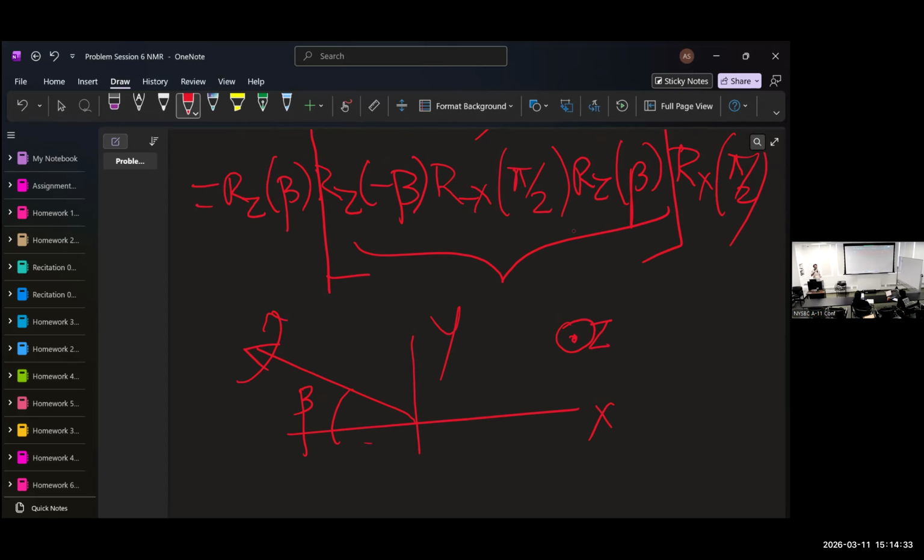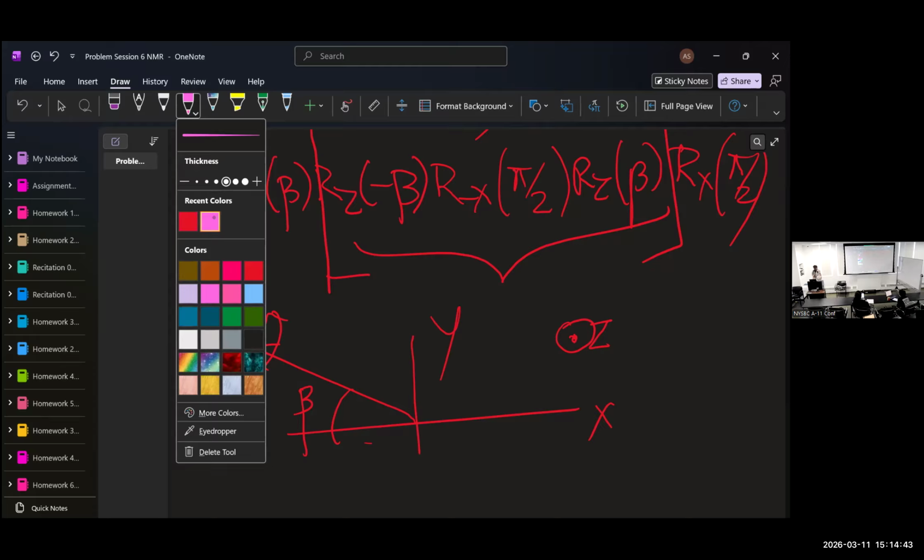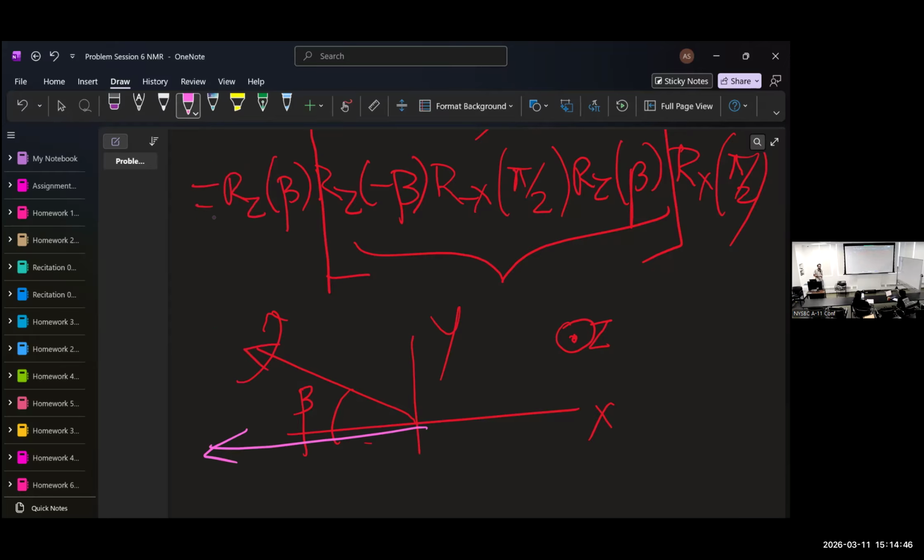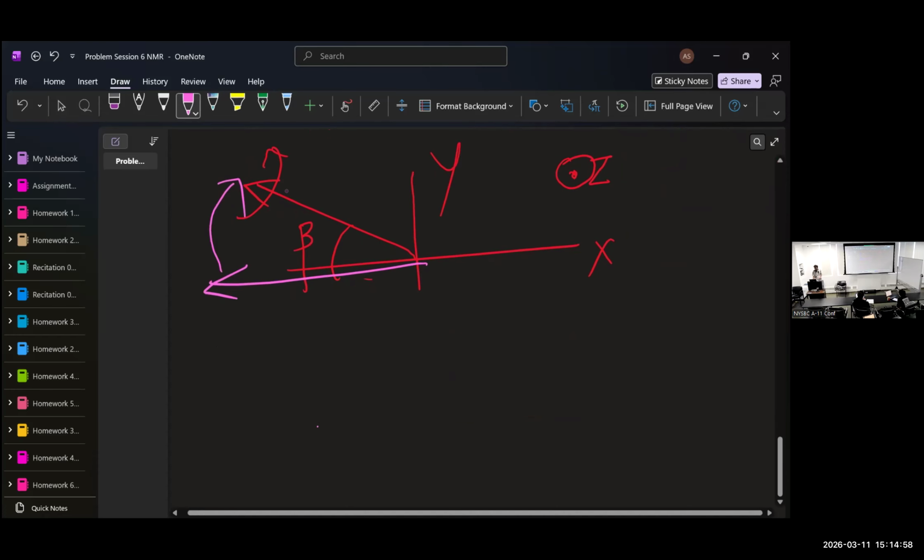Right, because I'm taking this axis, which is at beta relative to minus x, rotating through beta around z, so I'm bringing it to minus x, then doing a 90 rotation around minus x, and then bringing it back. So this, and this, and back here.